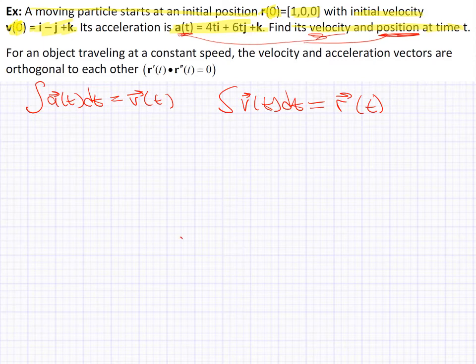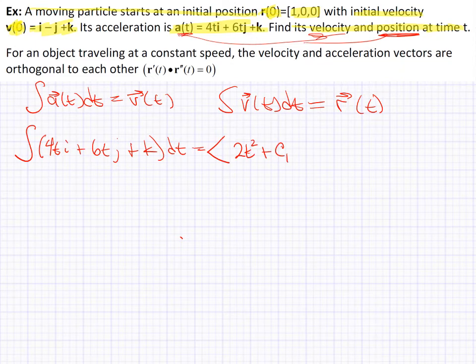And so if we do the integral of the vector 4t i plus 6t j plus k, what would we get? I like doing it in bracket notation, so I'm going to do that instead. I'm going to get 2t squared plus c, so I'll say plus c1.